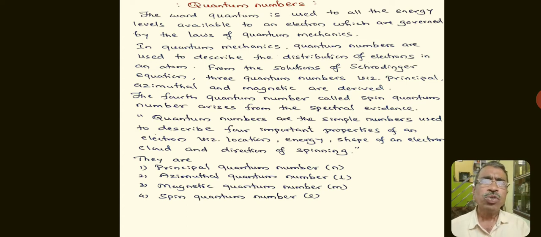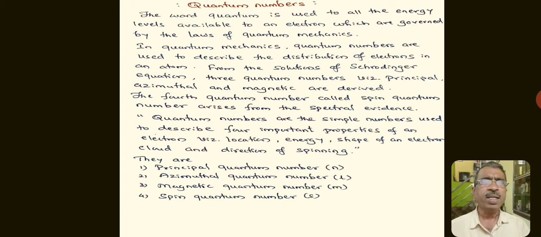Now, to know about these aspects, simple numbers are used in the wave mechanical theory, and we call them quantum numbers. The word quantum is used for all the energy levels available to an electron, which are governed by the laws of quantum mechanics.